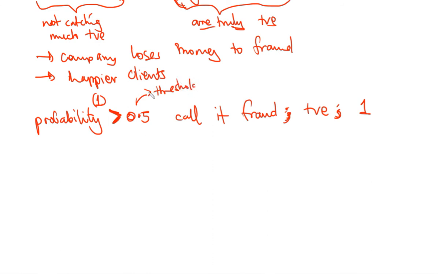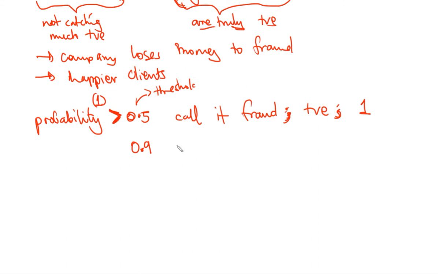If you make the threshold high, let's say 0.9, many transactions are not going to be predicted as fraud. Because for a transaction to be predicted as having a probability of being fraud of more than 0.9, that transaction needs to be very, very fraudulent. You know what I mean?